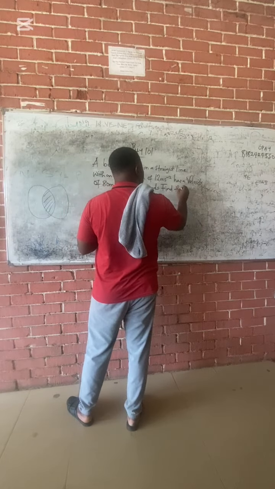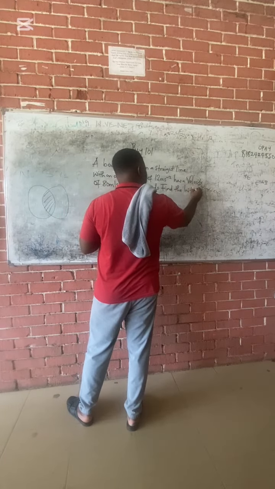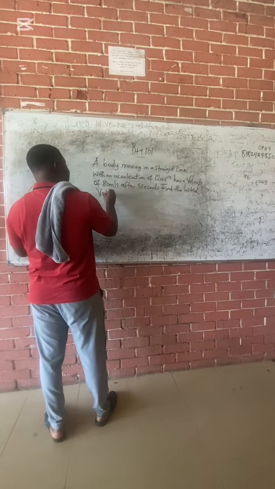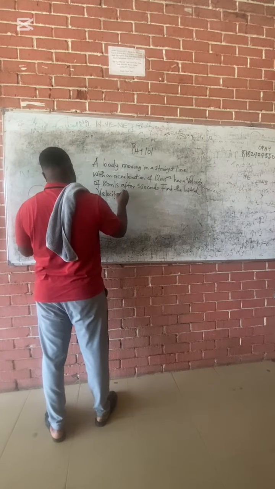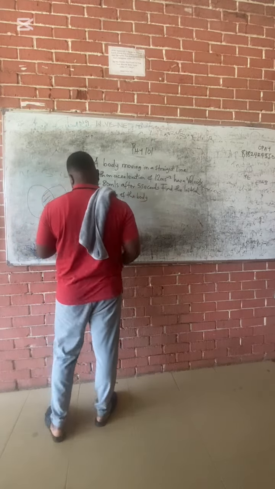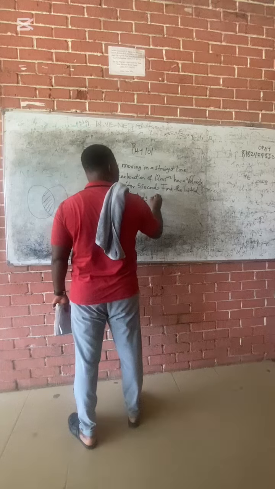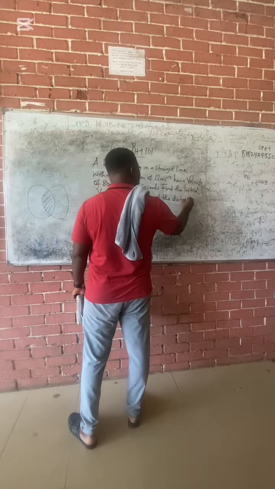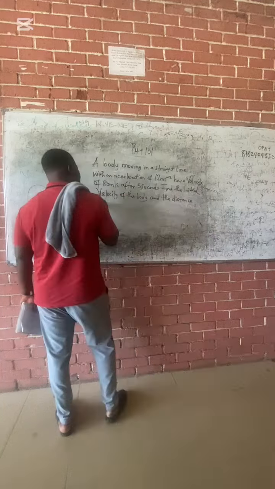Find the initial velocity of the body and the distance covered in the 9th second.